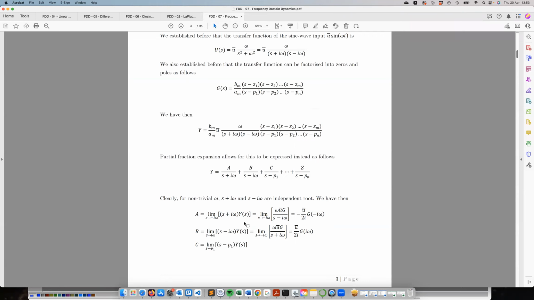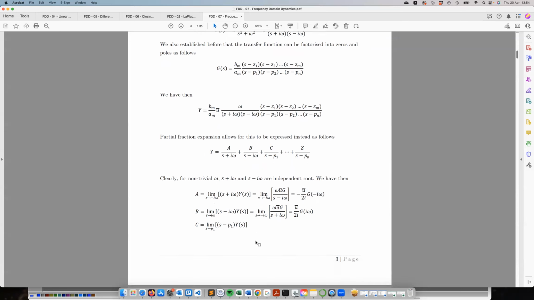When we have s equals minus I omega, then you can see in this denominator here, we are getting minus 2I omega. And then you've got a minus 2I omega in the denominator that can cancel with this omega in the numerator, leaving us with just u over bar over 2I, g of I omega. So our constant A looks like that, right? So that's how we can get our A.